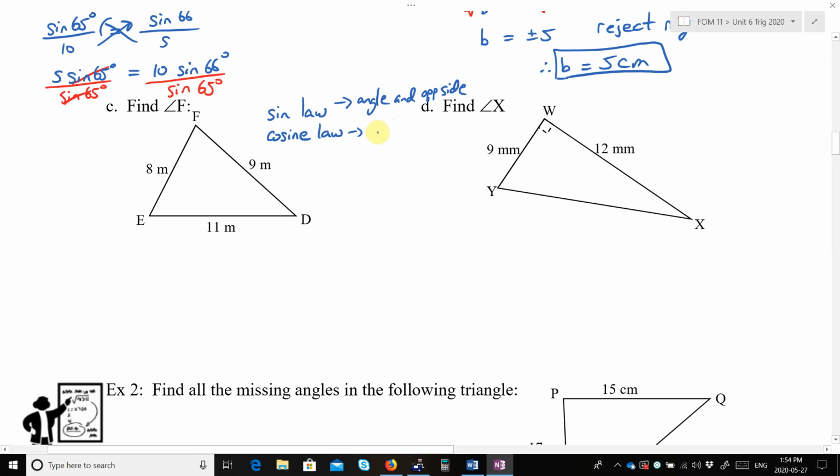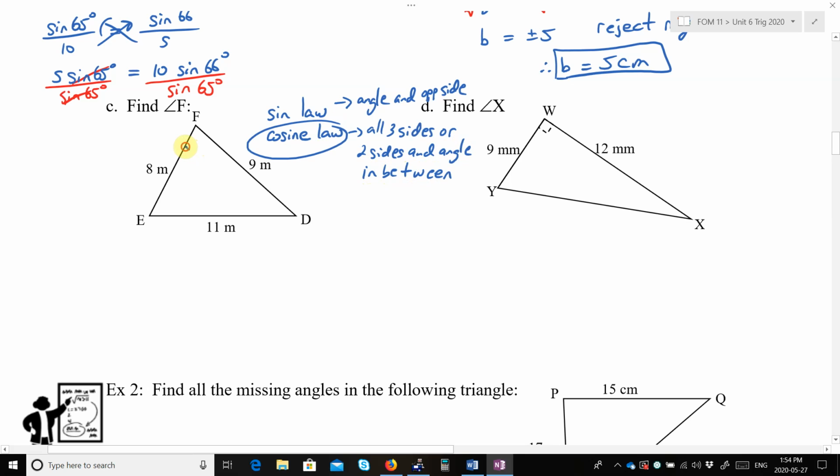Cosine law is good if you have all three sides or two sides and the angle in between. Okay, we have all three sides, so we'll use the cosine law.